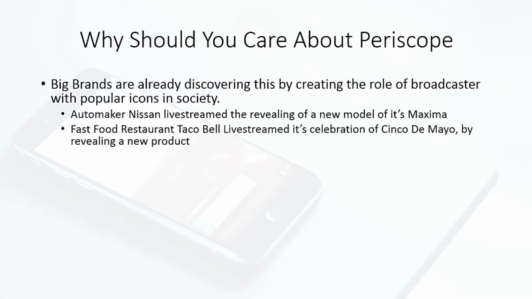Fast food restaurant in the United States, Taco Bell, live streamed its celebration of a special event on the calendar by revealing a new product. So they were able to combine a special event with the revealing of a new product, and they were able to do this with Periscope, with their Twitter following.